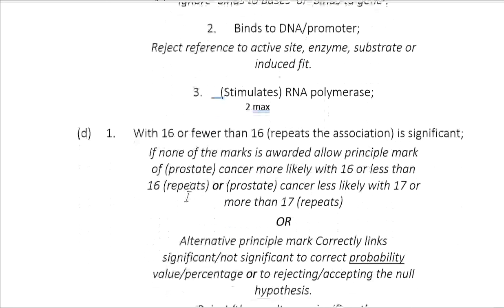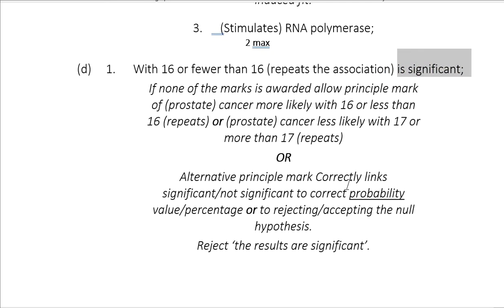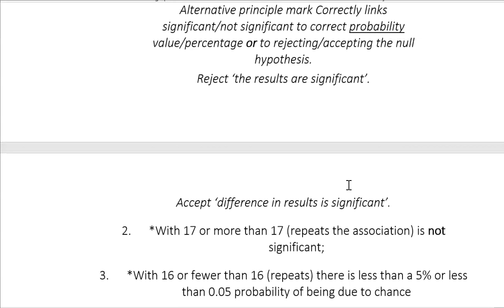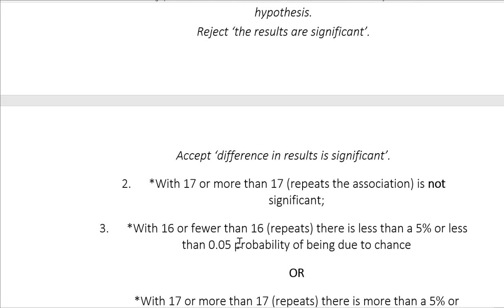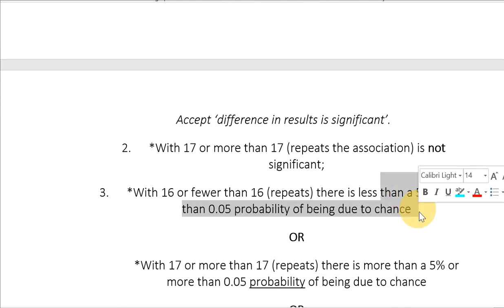Okay, the mark scheme will tell you this is a 3-mark question. So you can say 16 or less is significant. And why is it significant? It is significant because there is less than 5% probability of being due to chance.